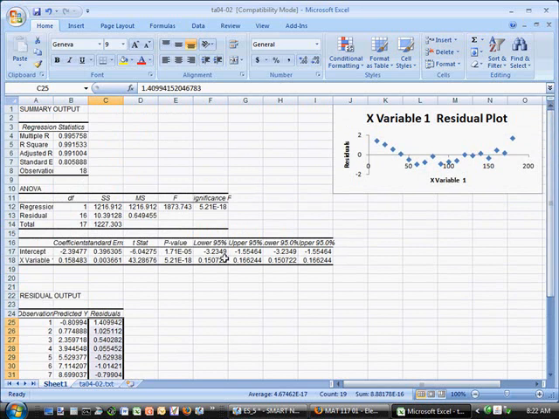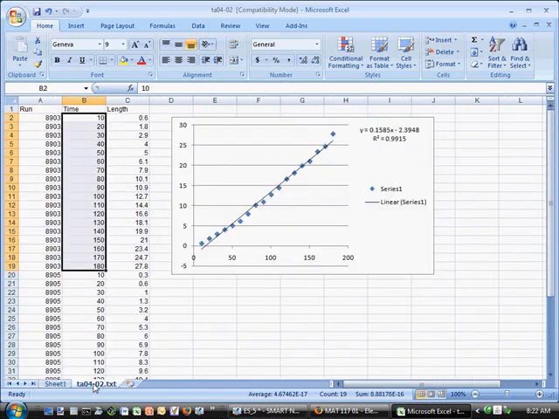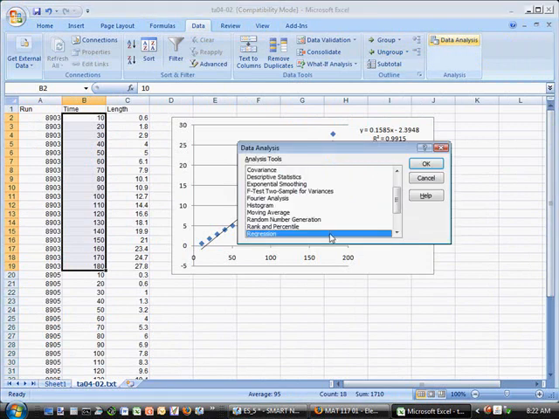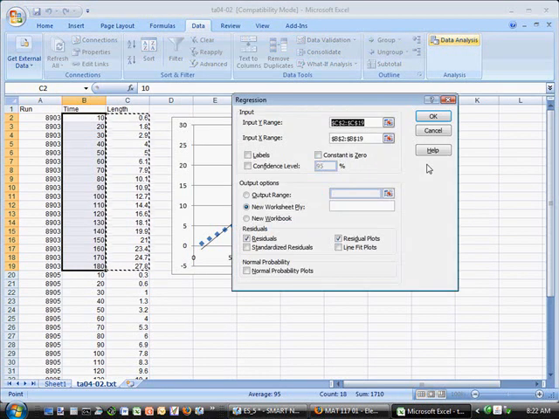I got to go back to my sheet, here's the sheet we were working on. Data analysis, and choose regression. Click OK. You're going to see a separate input Y and input X box.